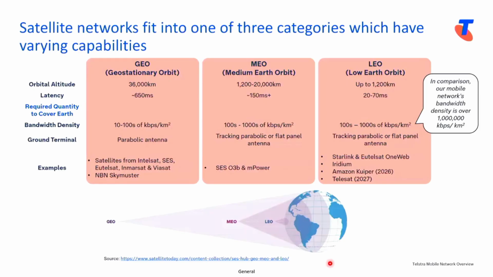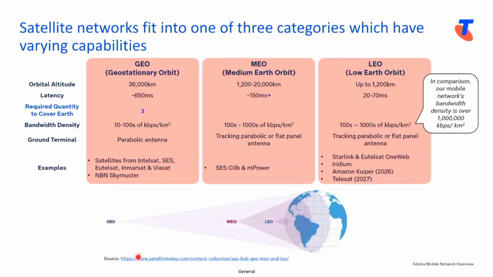I've left a bit on the quantity required to cover Earth, so it's a bit of a question. Have a guess: how many geo satellites would it take to cover our entire Earth surface? Can someone have a guess? 10? Good. Close.